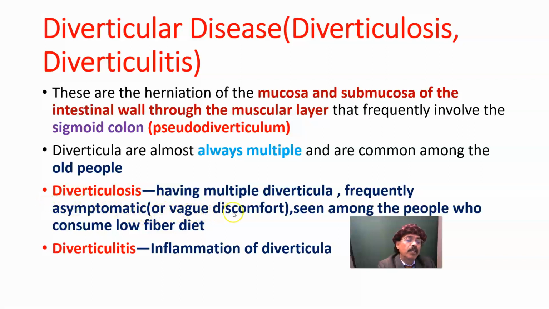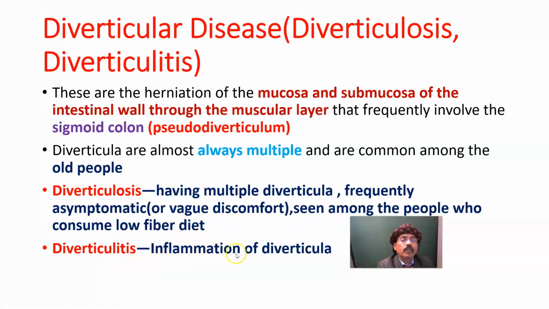There may be some vague discomfort seen among people who consume a low fiber diet. So it is more common in the people of Western society if they have a low fiber diet.